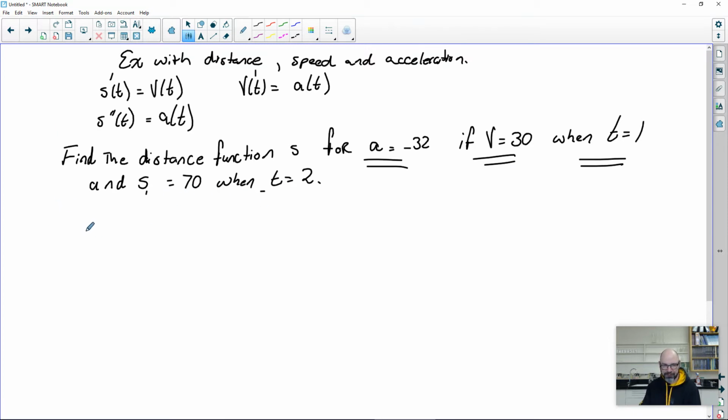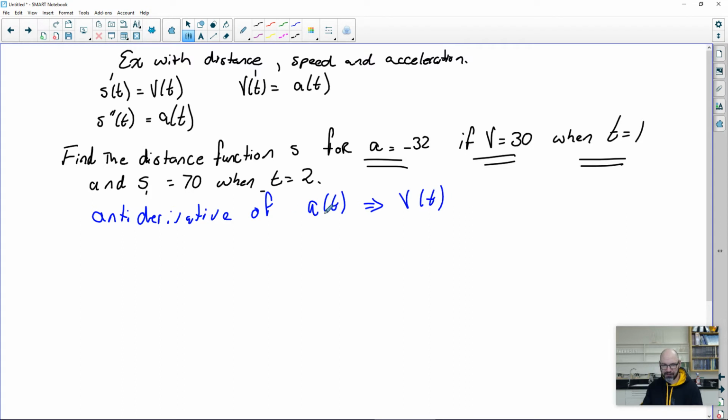So step 1 is to start with the acceleration and find velocity by doing the antiderivative. So take the antiderivative of a. Say a is some function of t, which will give us the velocity.